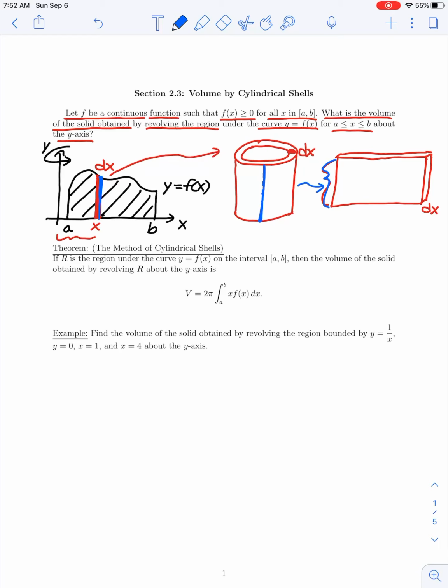So for any point where I take this slice, the height of this strip is defined by the graph of my function, y equals f of x. So the height of this little rectangular prism, which is the same as the height of my cylindrical shell, will be f of x, whatever the value of the function is at the point x where I'm taking my slice.